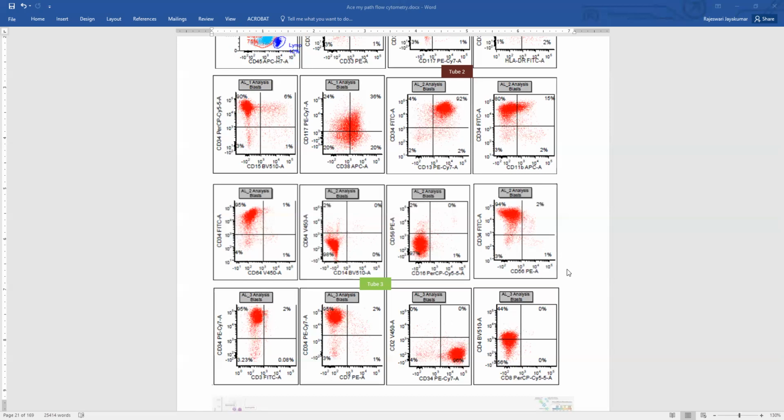One, see if it matches the prior phenotype, then it's straightforward, it's easy. Two, see if there is any aberrancy, any deviation from a normal myeloid blast that we can see in the bone marrow normally. Those are the two things that we use to evaluate the presence of disease in follow-ups. Thank you.